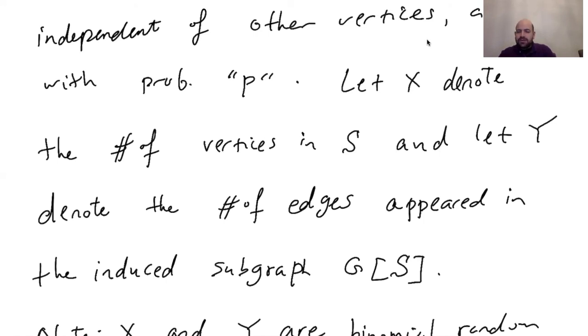So the probability of success, which means the probability of the first edge appearing, is the same as the probability that both vertices corresponding to the first edge appear in S. Each vertex appears in S with probability P. So the probability that both of them appear in S is P times P, because remember, choosing vertices are independent of each other. So each one P, both of them will be P squared. So each edge appears in the induced subgraph with probability P squared.